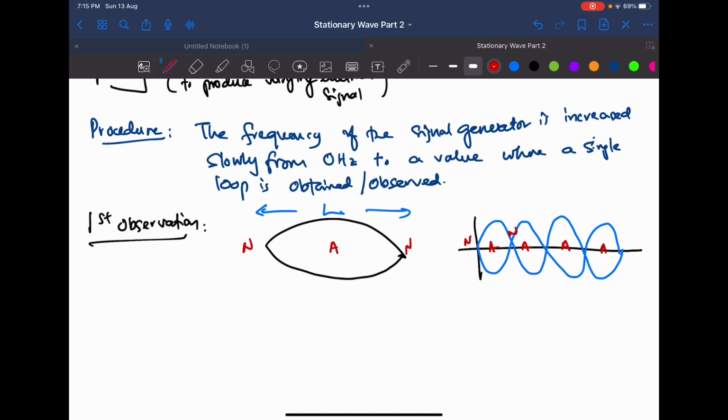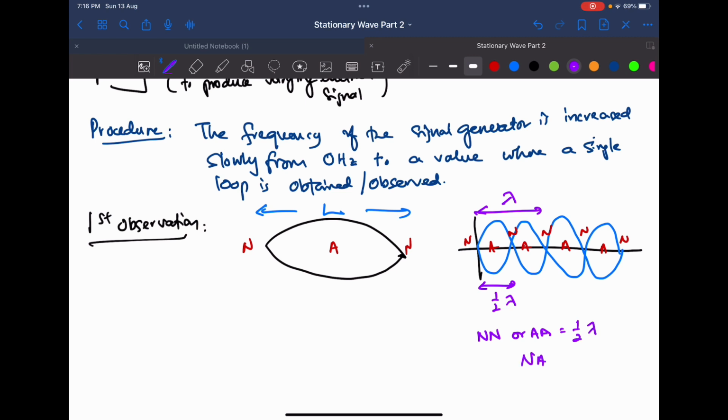This is the node where you have destructive interference, and this will be half a lambda, and from here to here will be lambda, right? So always see that the node to node or antinode to antinode you have half a lambda.